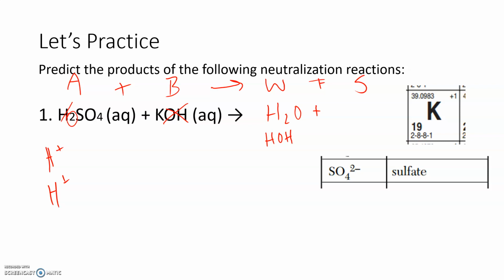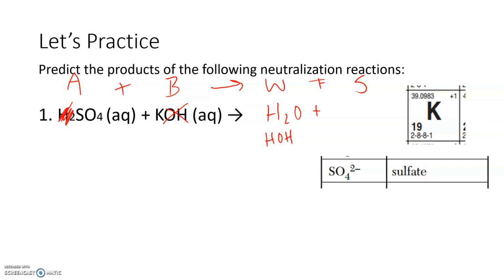Basically, let me put it this way. Don't trouble yourself about there being 2, okay? Just ignore that fact. Just take the H's and the OH's and put them together. We're going to ultimately fix this through balancing. That's why I'm telling you not to worry about if there's more than 1 hydrogen or more than 1 hydroxide ion.